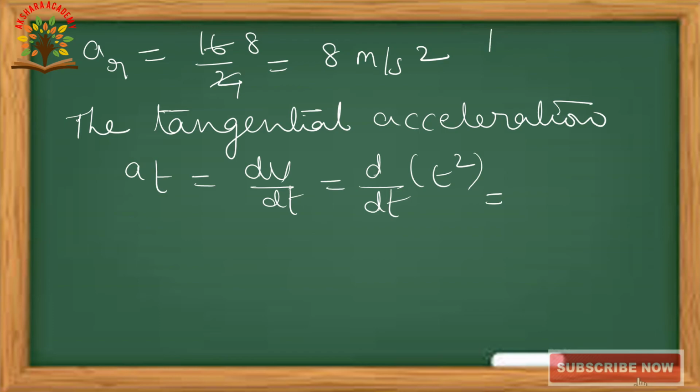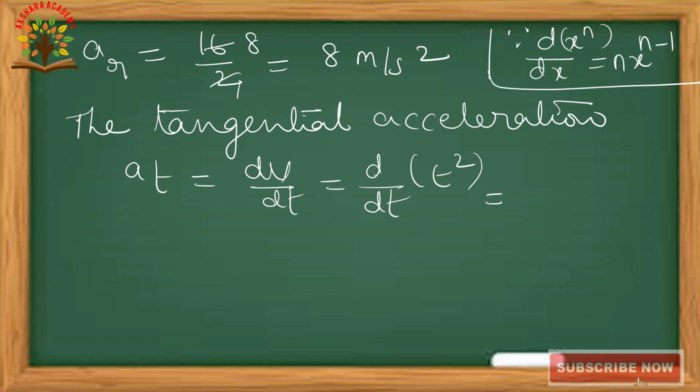We know that d by dx of x power n is equal to n into x power n minus 1, so we are using this formula. So d by dt of t square is 2 into t. Differentiation of t square is 2t. This is the tangential acceleration.